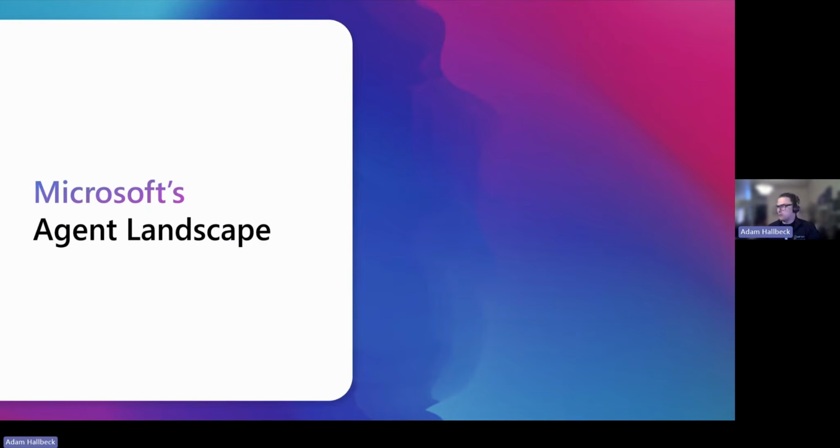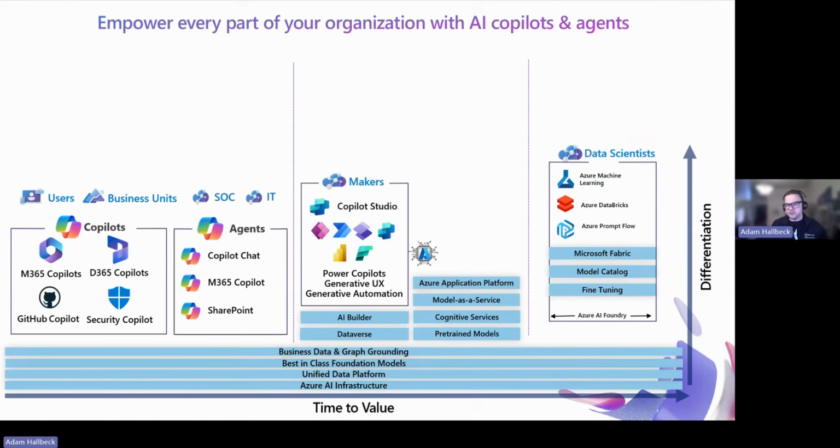But first, and right off the bat, the agent landscape. I'm sure maybe one or two of you in the room have heard the word Copilot or have uttered the word agent a time or two, maybe just a couple of times over the last weeks, months, or now years. But when you zoom out, instead of thinking about these pockets of technology, and take a look at the whole landscape moving from left to right, that's the logical flow here.